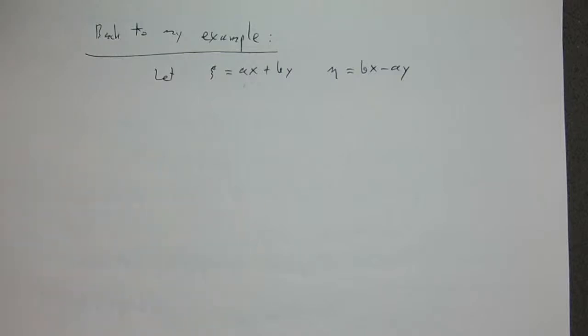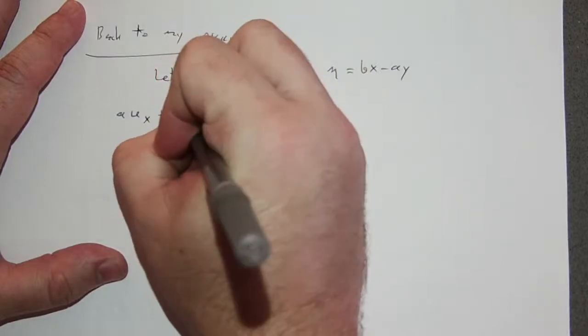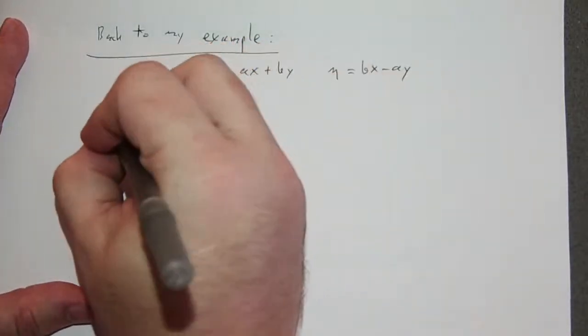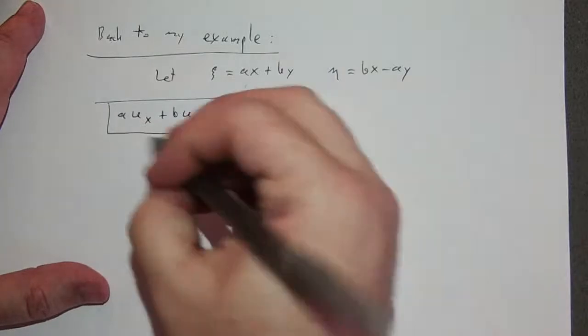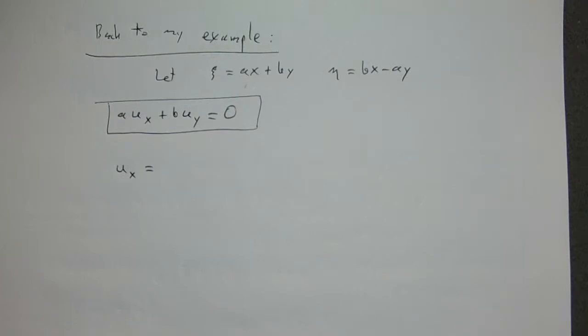So anyway, let's let xi be ax plus by and let eta be bx minus ay. And if we do this, then using the same argument we had before, let's go back to the PDE here. Our PDE was a u sub x plus b u sub y is equal to 0. Okay, let's actually compute this using the multivariate chain rule. So how does this work? This is what we know in variables x and y. So what is u sub x now in terms of this new variable xi?